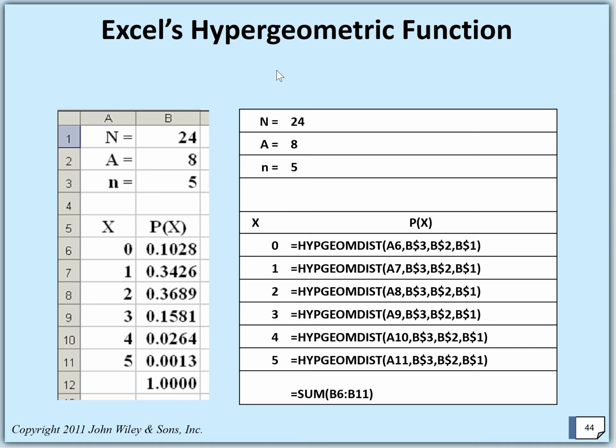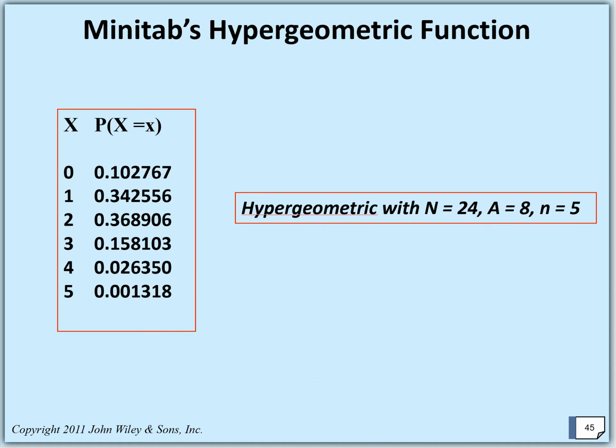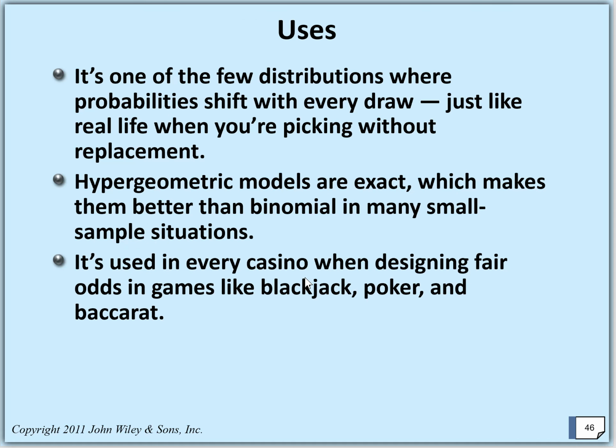This is how we can use the hypergeometric function in Excel, HYPGEOM.DIST, and similarly Minitab has the same. So where is it used? It's one of the few distributions where probability shifts with every draw, just like real life when you're picking without replacement.